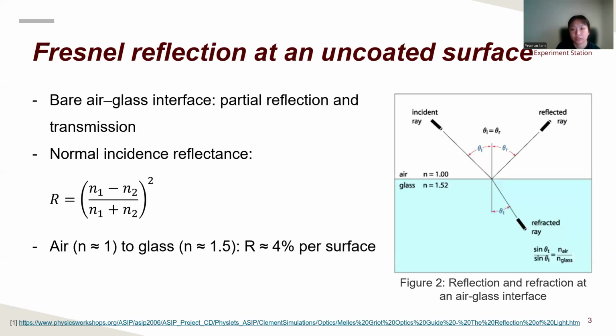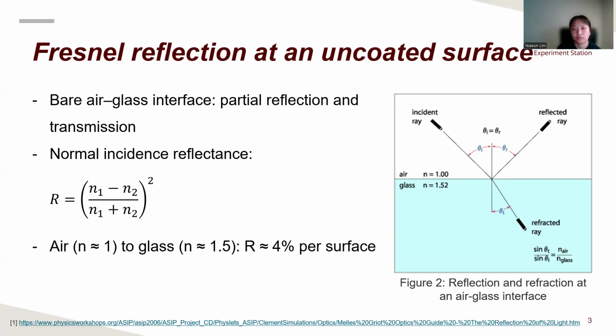Let's start from the simplest case, a bare air-glass interface. Because the refractive index jumps from about 1 in air to about 1.5 in glass, a fraction of the light is reflected and the rest is transmitted. At normal incidence, the reflectance is given by this Fresnel formula.